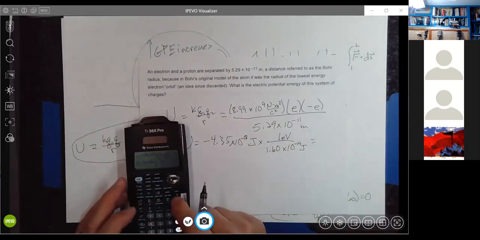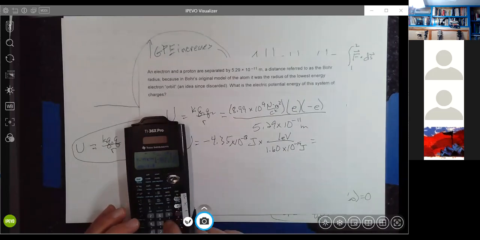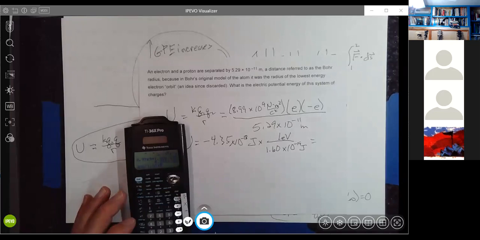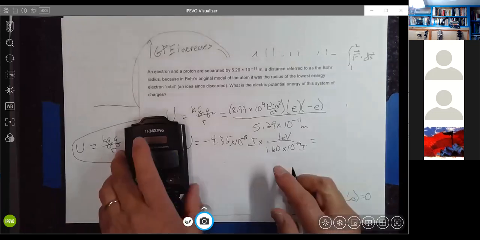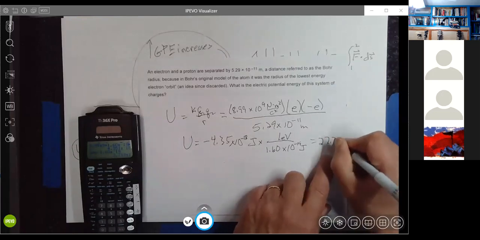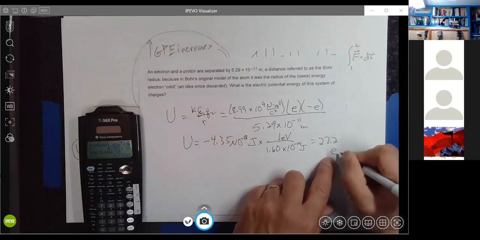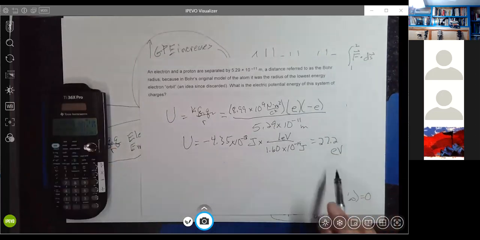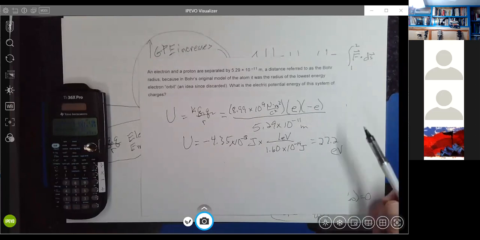So what do I get? About minus 27.2 electron volts. Okay, that's a reasonable energy for something at the atomic level, electrons in an atom in particular.